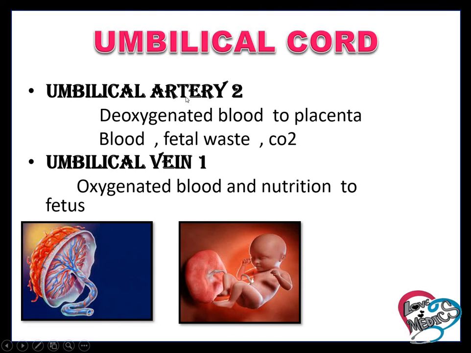But here, the artery carries deoxygenated blood to the placenta. In that blood, the fetal waste and carbon dioxide are present. The umbilical vein carries oxygenated blood and nutrition to the fetus. This red color is the umbilical vein and the blue one is the umbilical artery.